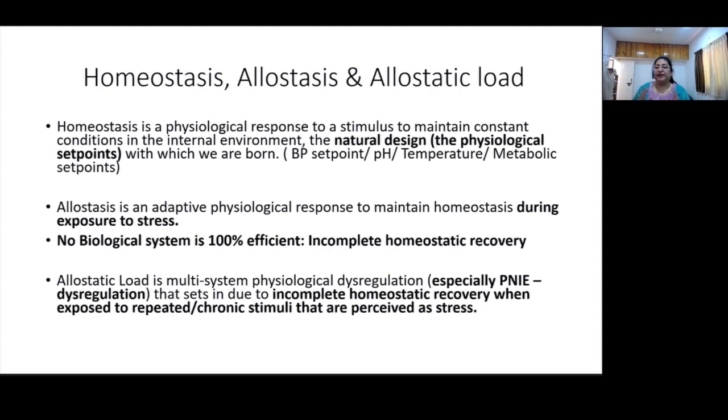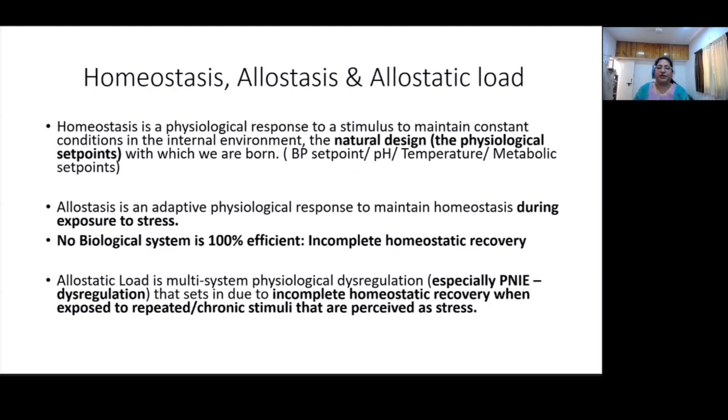And this internal environment is the natural design, all the physiological set points with which we are born. So the body tries to maintain these internal conditions as far as possible, and it's important for survival also. What we try to maintain are all kinds of physiological parameters like blood pressure, pH, temperature, and so on.